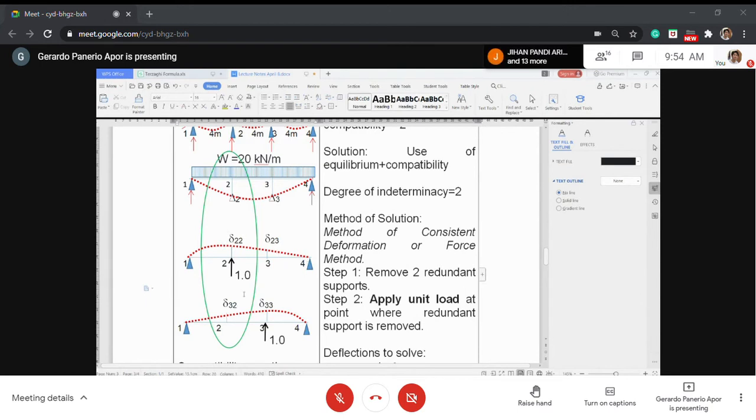Okay. Now, I'll say that I will multiply it by R2. So the deflection also will be multiplied by R2. Okay?